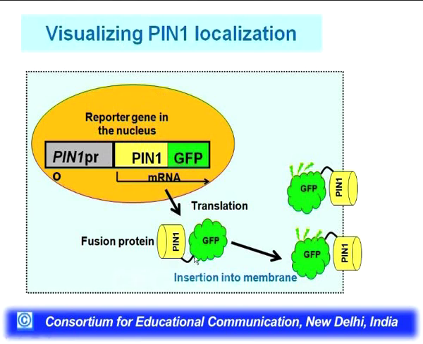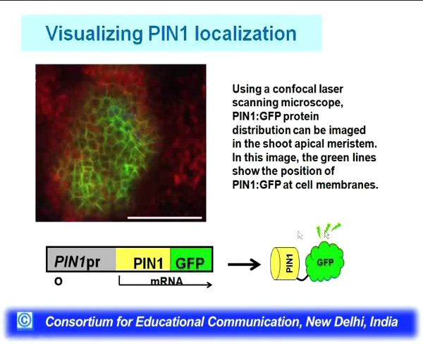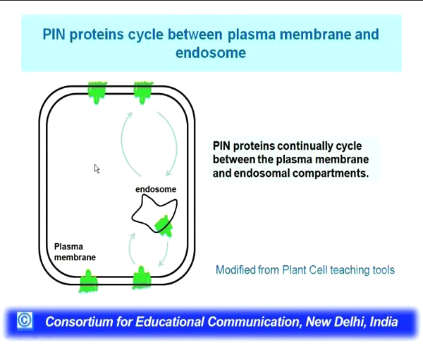So, it will make PIN-GFP, and that will be arranged in the plasma membrane. So, you can visualize it like this. This is one of the pictures where PIN-GFP can be seen, and you can see the green color arranged in the plasma membrane of the cells at the tip of the shoots. Okay. This PIN protein can relocalize.